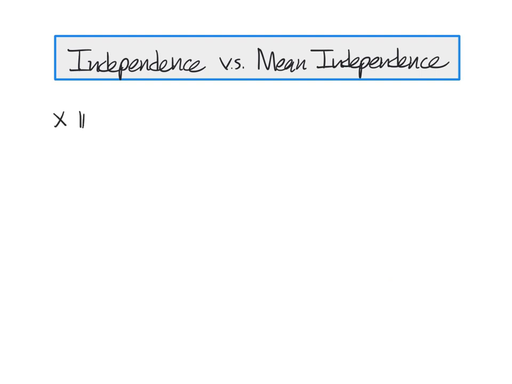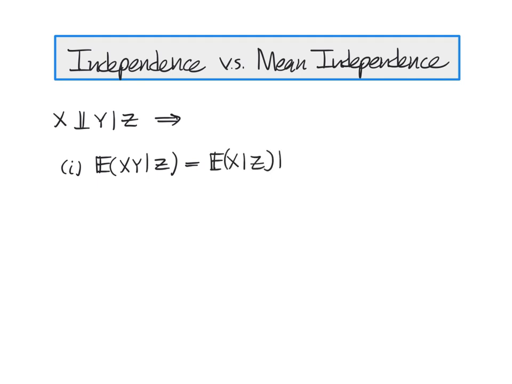Conditional independence has many implications, but among the most important are those that concern expectations, i.e. means. Suppose that x and y are independent given z. Then it follows that the expectation of xy given z is equal to the expectation of x given z multiplied by the expectation of y given z.